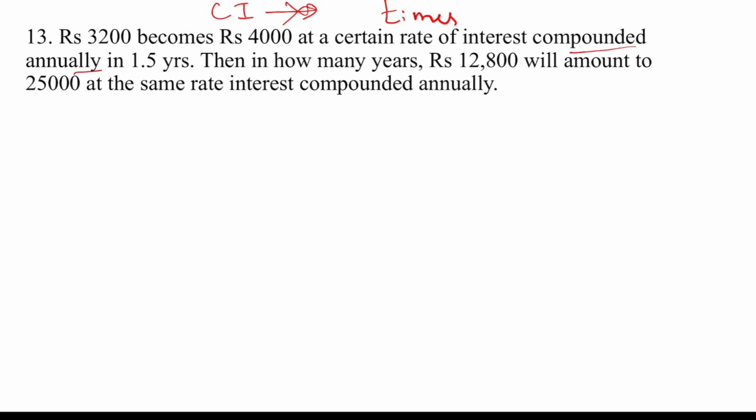Then in how many years will rupees 12,800 amount to rupees 25,000 at the same rate of interest compounded annually? Now they are saying 3,200 will become 4,000 at a certain rate of interest in 1.5 years, means in 1.5 years it is becoming 4,000.